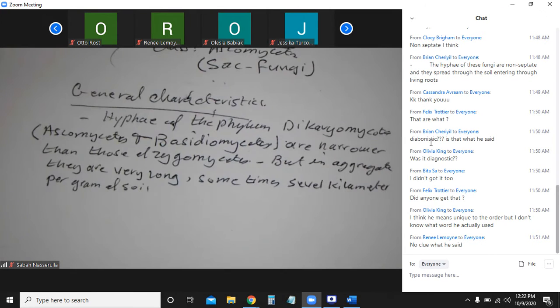Now, if you remember, in zygomycetes the hyphae are coenocytic. In this group, no, the hyphae are septate.